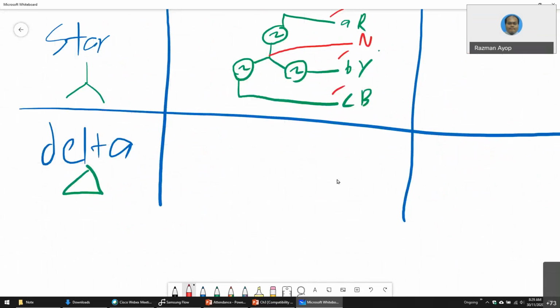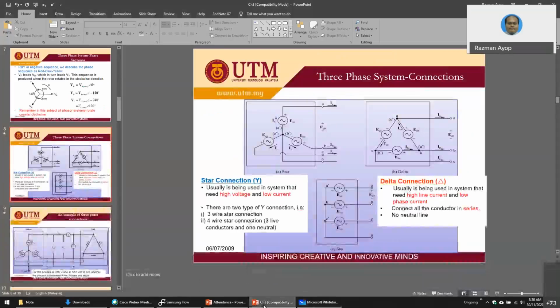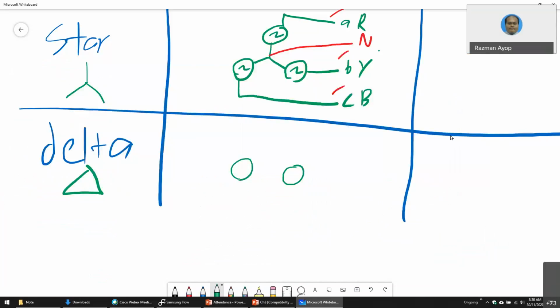How about delta connection? You have to draw an inverted triangle. Oh sorry, I have to check back. For delta, an inverted triangle, all right.